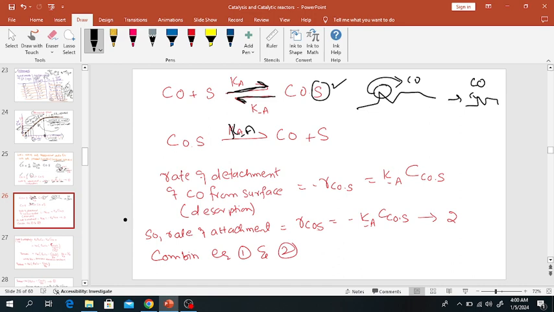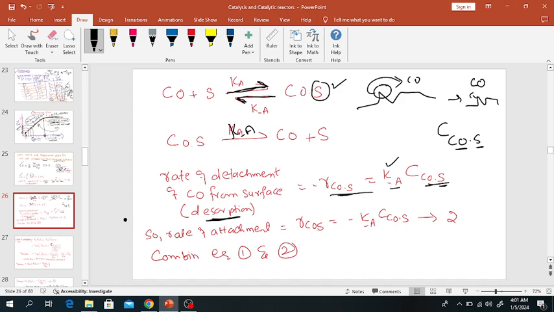The rate of detachment, or the rate of desorption, of carbon monoxide from the active site is equal to minus r_CO, and it equals the desorption rate constant multiplied by the concentration of carbon monoxide at the active site, denoted by C_CO·S.